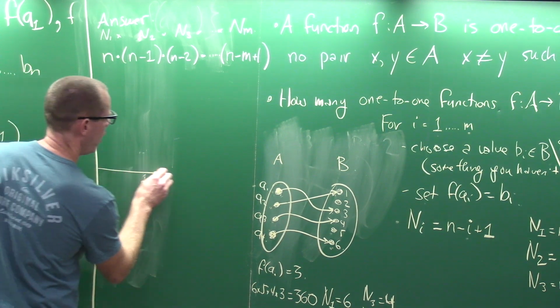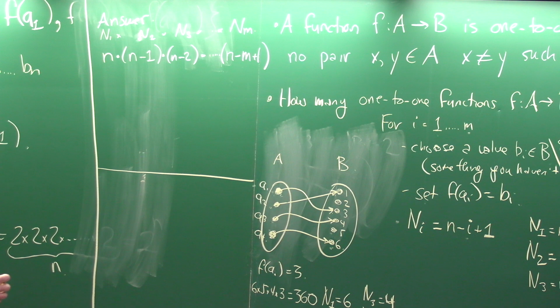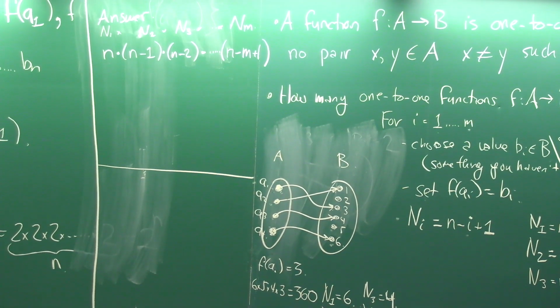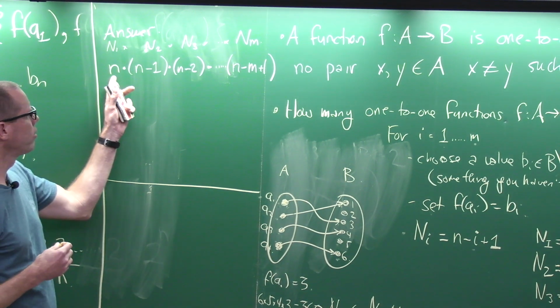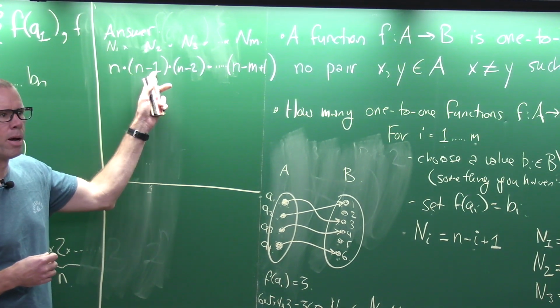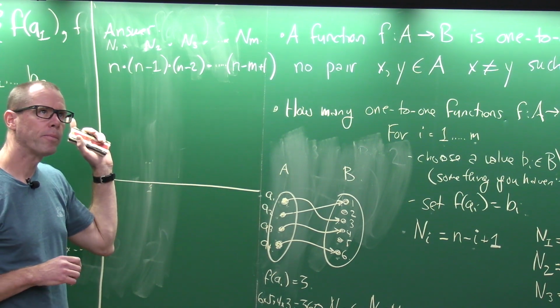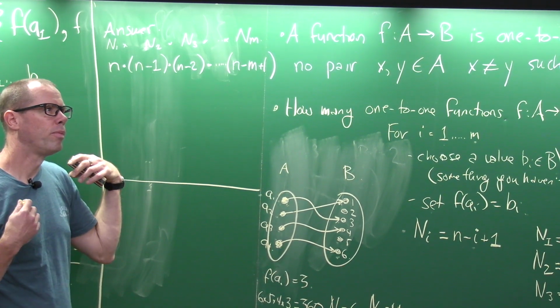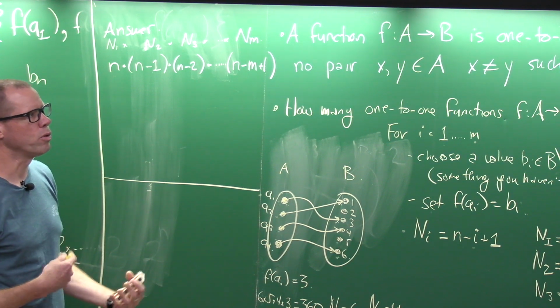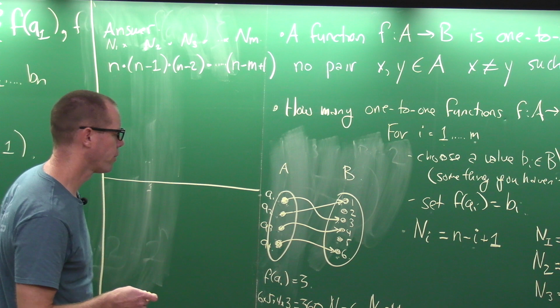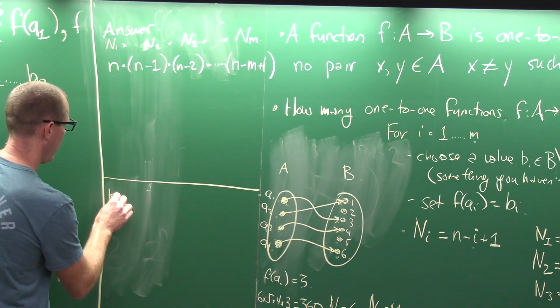Little sidebar, these kinds of products show up all the time in combinatorics. These products where you take, let's say, n, and then you multiply it by n minus 1, and by n minus 2, by n minus 3. The most common, or the most useful of these, is when you do this all the way down to 1. So there's a notation for that.